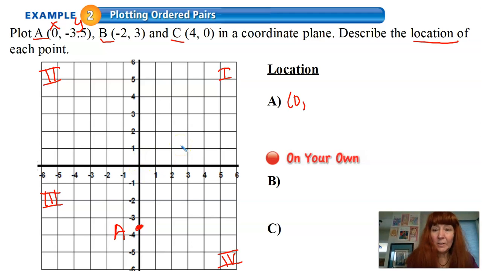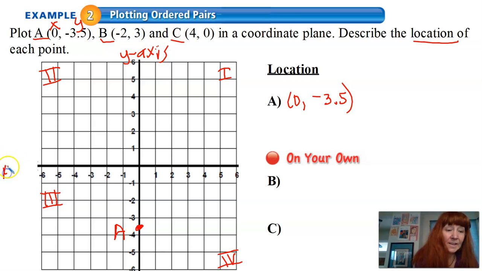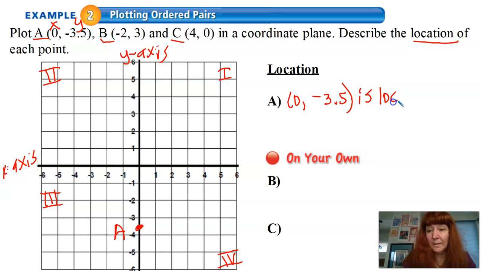Okay, so I have 0 and then I have negative 3.5. So the place where that point is located is actually on the y-axis. So I'm going to label this y-axis up here, and I'm going to label this one the x-axis, just so you remember. So this point is located, right?